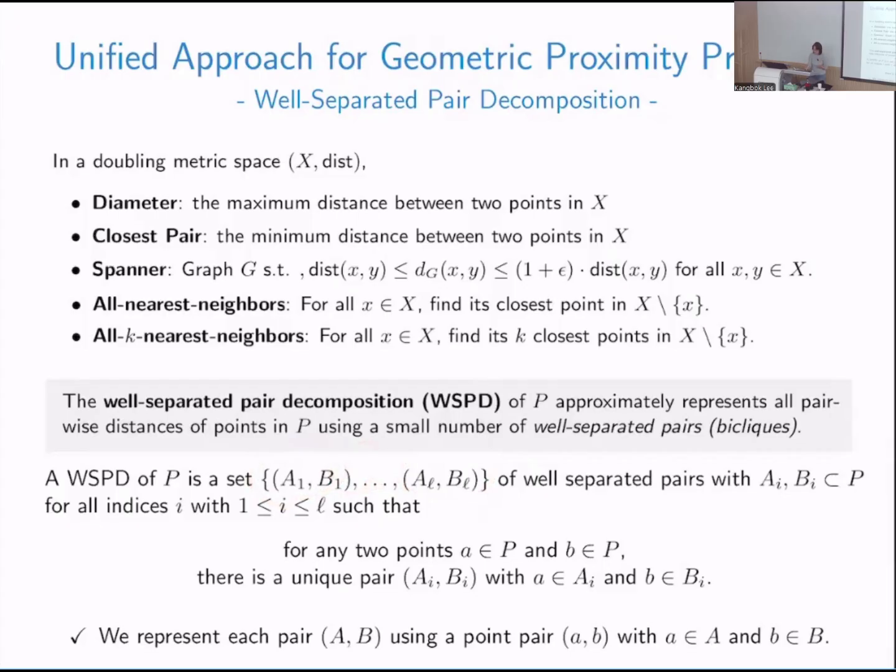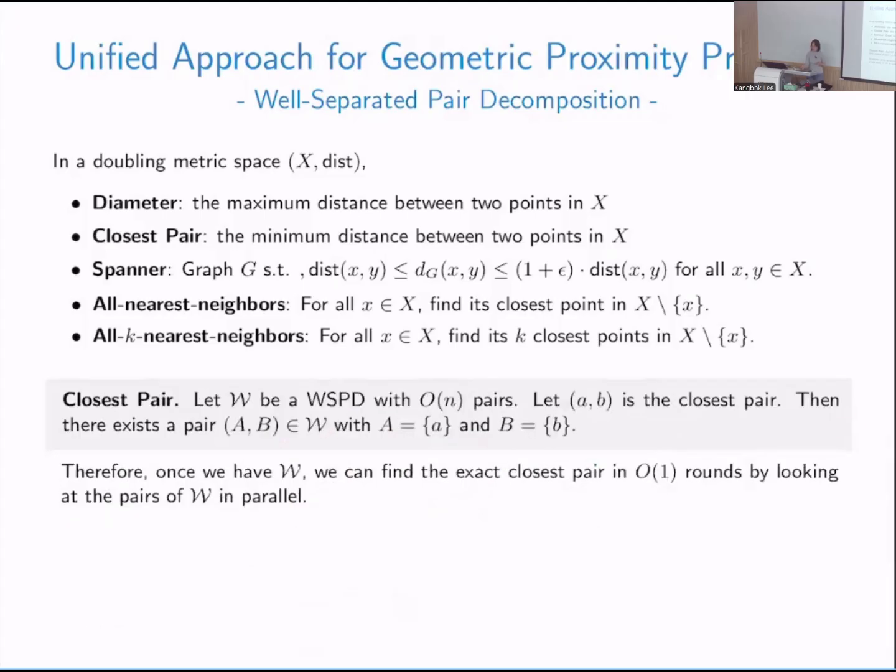We have L well-separated pairs, and our algorithm picks one point pair as a representative of A, B. As an output of our construction algorithm, we are given n different representative point pairs. Then this result implies that by considering those n point pairs, you can find the closest pair, because one of the representative pairs is the closest pair.